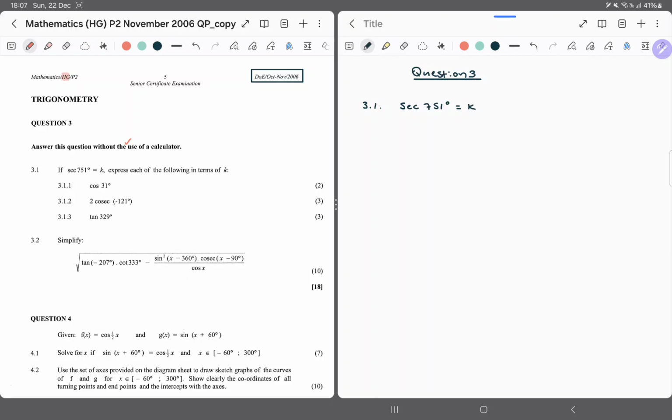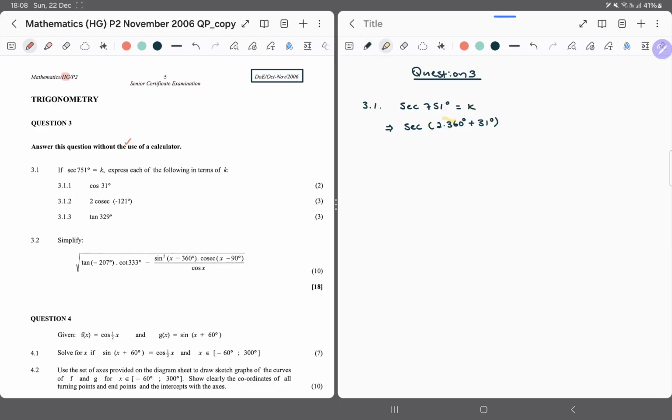Let's just say 751 minus 720, which is 2 revolutions. It's 31 degrees. So obviously, guys, we need to reduce this. So this is the same as sec of 2 times 360 degrees plus 31 degrees.